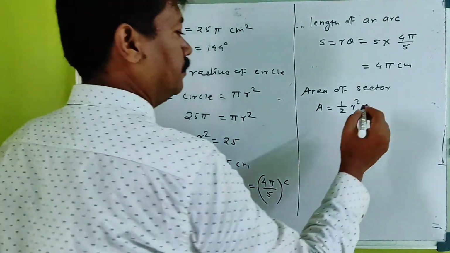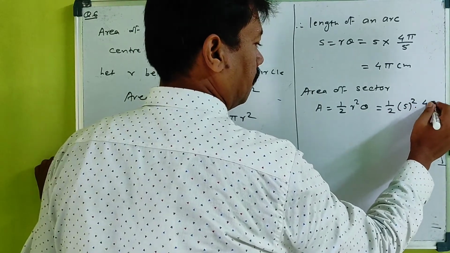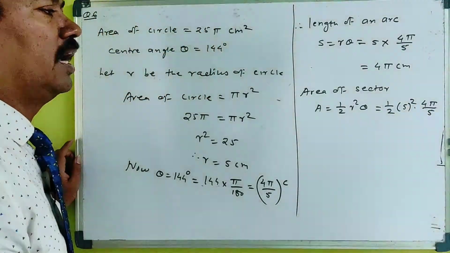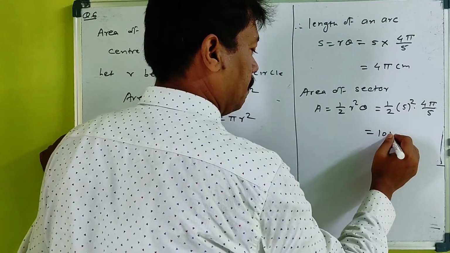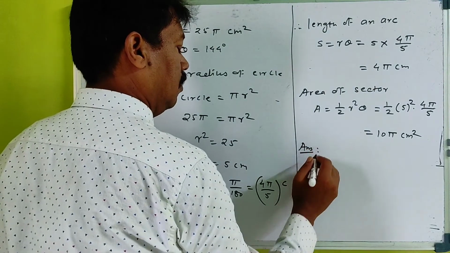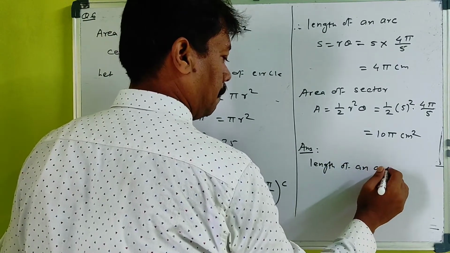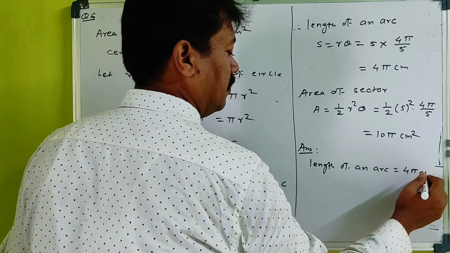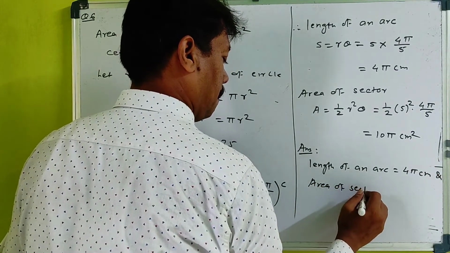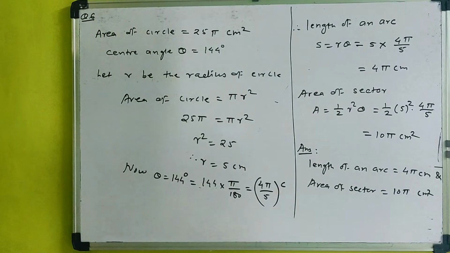So 2 cancels, 5 cancels. That is nothing but 10 pi. So it is 10 pi centimeter square. So that's the answer here. What is the answer? Length of an arc is 4 pi centimeter and area of sector is 10 pi centimeter square. So that's the final answer.